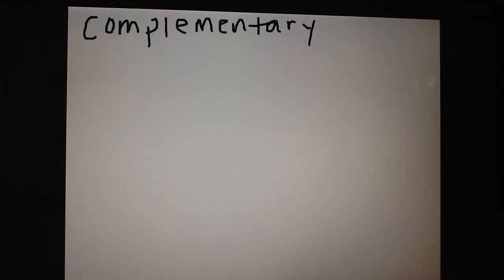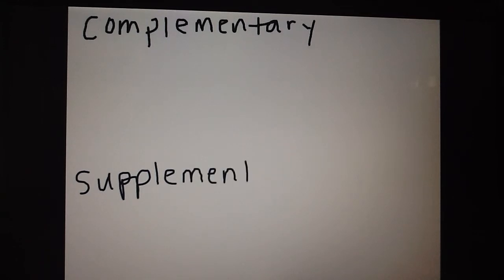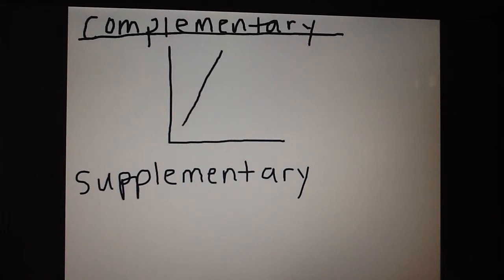We're going to talk about complementary and supplementary. All right. Let's say this one is approximately 55.